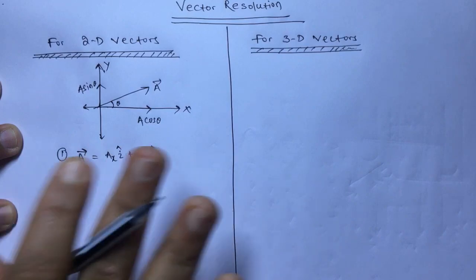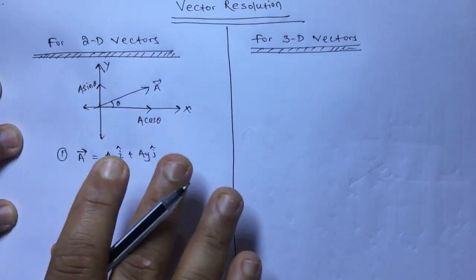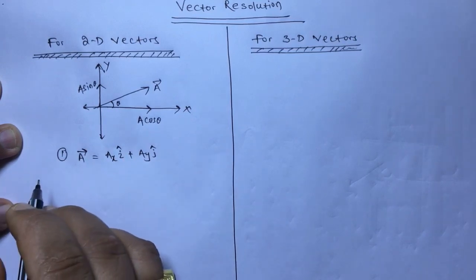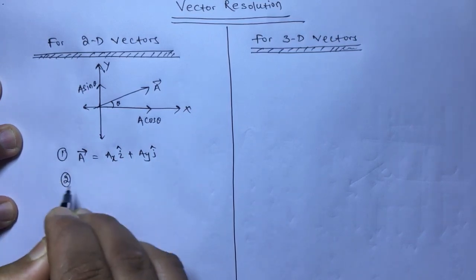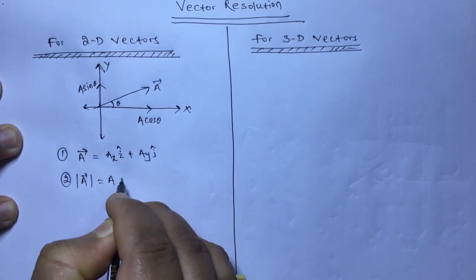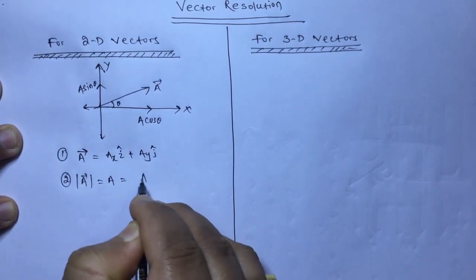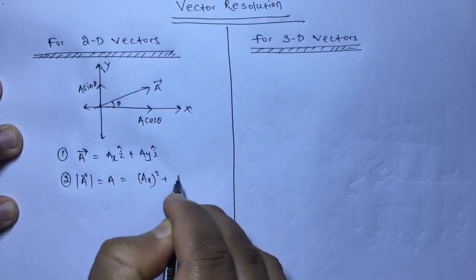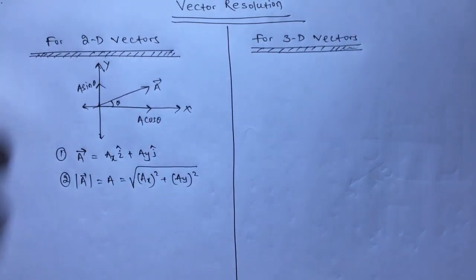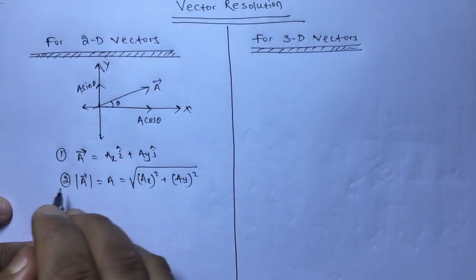For now I am taking x and y, two dimensional, so I am writing Ax i cap plus Ay j cap. Similarly, we have defined the magnitude of A vector, or A, that can be written as root over Ax square plus Ay square. We have seen some examples based on this.